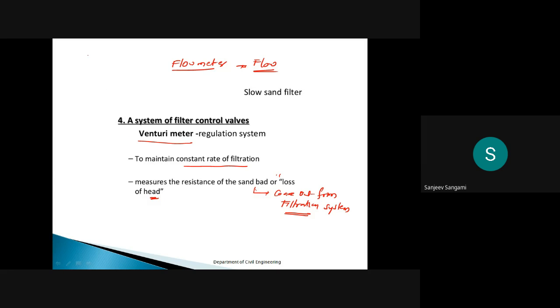We discussed that loss of head, you have to maintain 1 to 1.5 meter. If you are not maintaining it properly, then definitely it is going to obstruct the supernatant water we are speaking about.